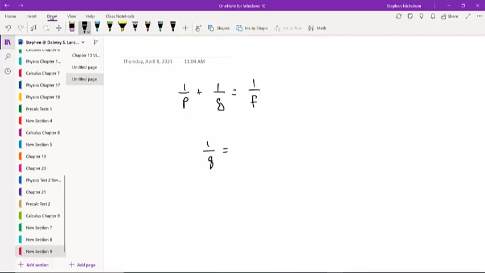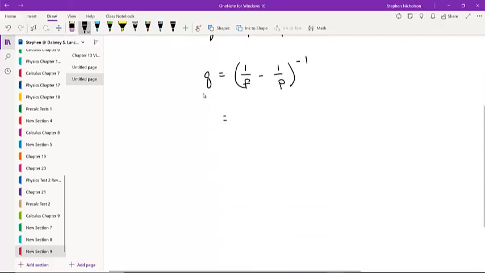So 1 over q is 1 over f minus 1 over p. And if we take the reciprocal, it's going to be 1 over f minus 1 over p raised to the minus 1 power. I'm doing it this way because it'll work better in the Excel file. And f in this case is 7.5 centimeters. So we'll have 1 over 7.5 minus 1 over p, and then take the reciprocal of that.